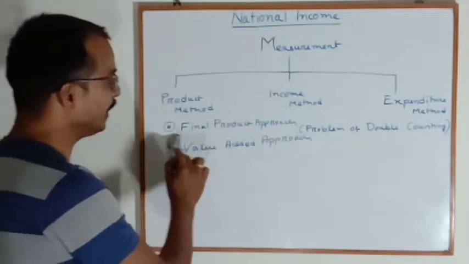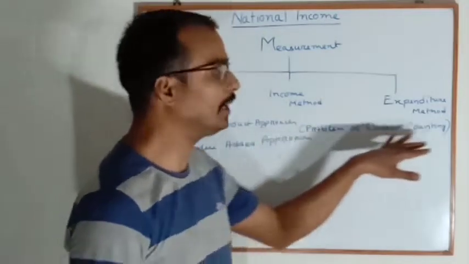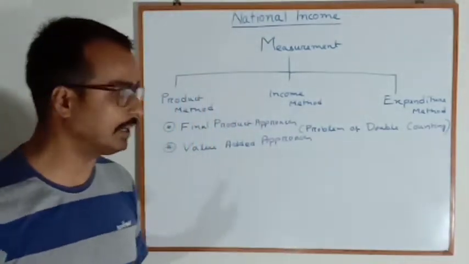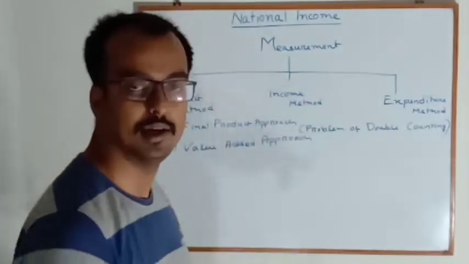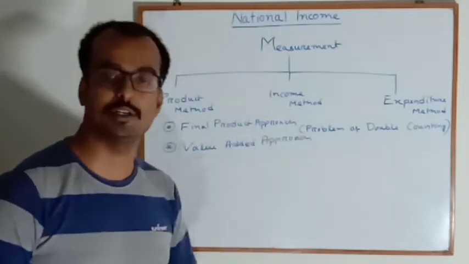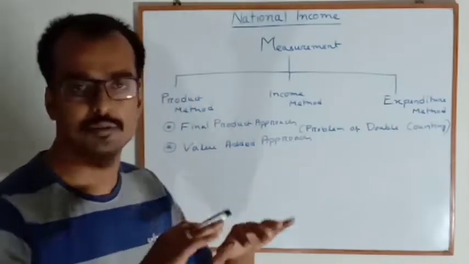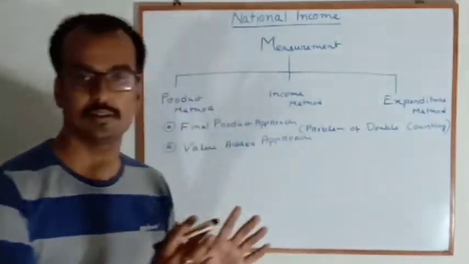In the product method we will go to the final product approach, and then we'll look at the problem of double counting. What is double counting, how it creates problem, we'll look at that, and we'll go to the value added approach to solve the problem. So these are the things which we have planned to discuss today.